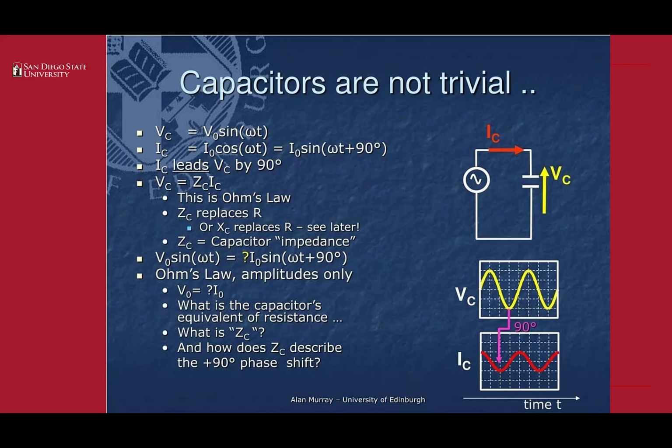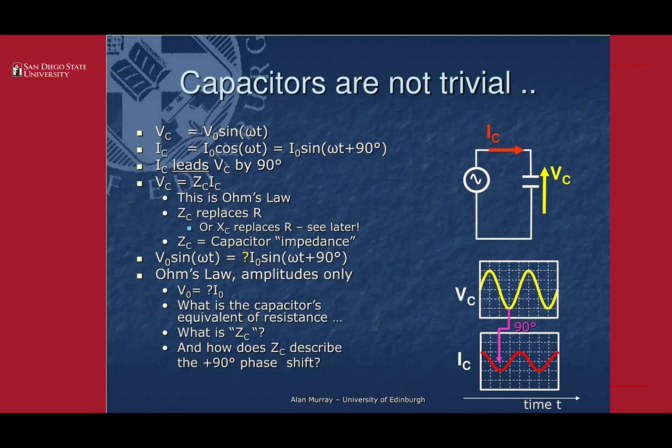To be more precise, Vc, the voltage on the capacitor, equals V0 times sine omega t, and IC, the current that goes through the capacitor, is I0 cosine omega t, which is also said as I0 sine omega t plus 90 degrees, or pi over 2.